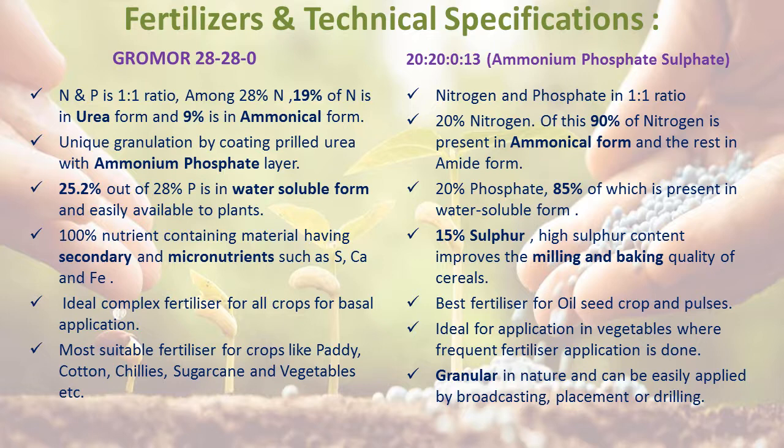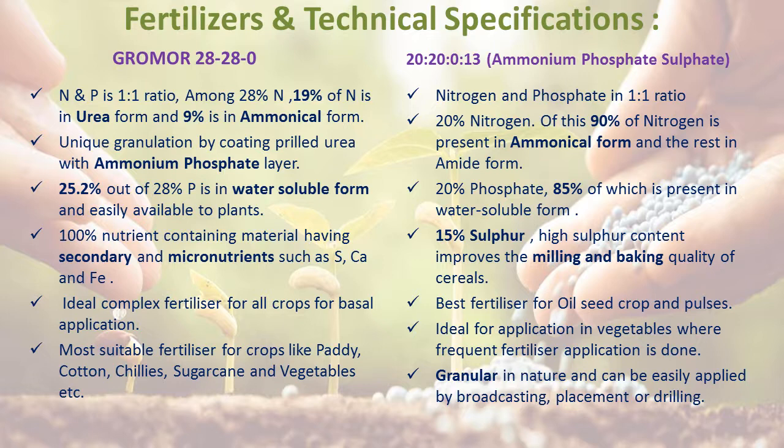And what is the coating barrier? Coating barrier means ammonium phosphate, and also neem coated urea, and it is a modified form of super granules. So the coated urea in Grumor is ammonium phosphate.